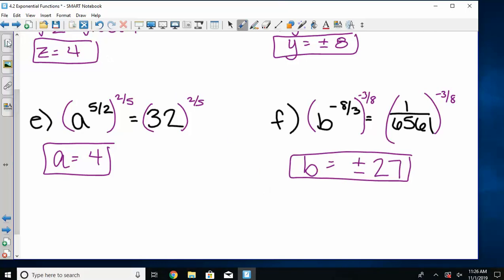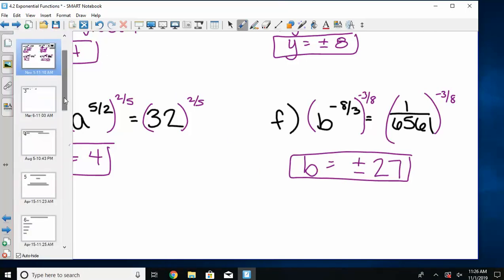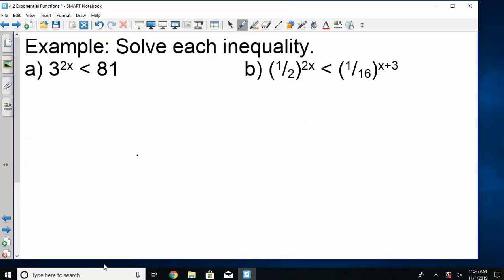The last main type I want to cover today is an inequality. So your homework is going to have some exponential inequalities on it, and we solve these the same way as our exponential equations. So in other words, we are getting a common base to begin here.